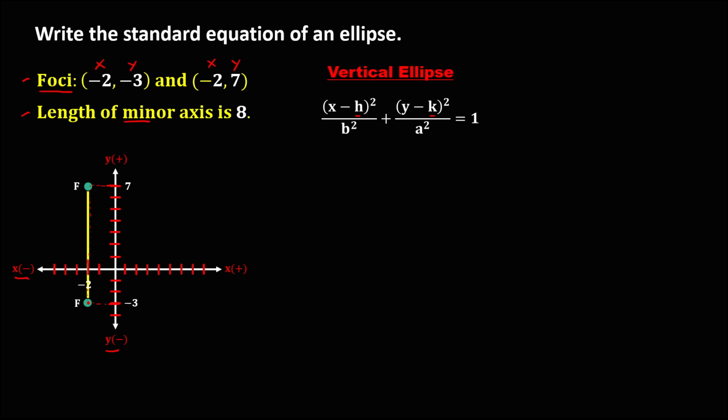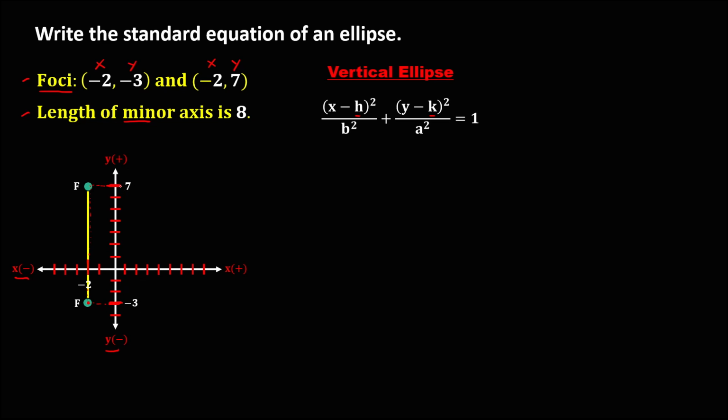So from this graph, to locate the center, using these foci, we're going to use the counting method. From this point of the focus to the other focus, we need to count.